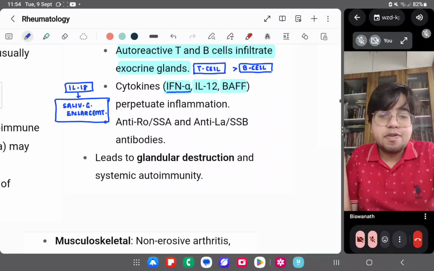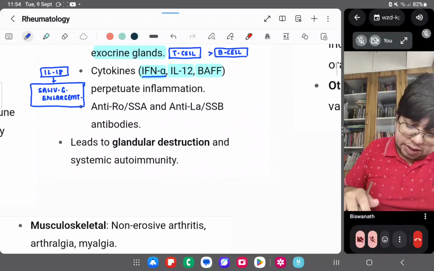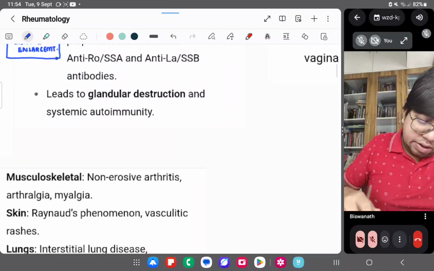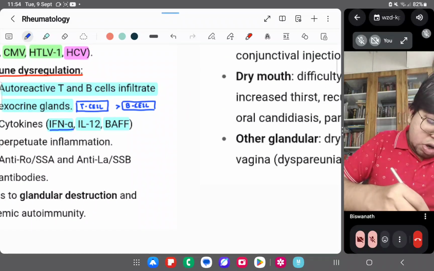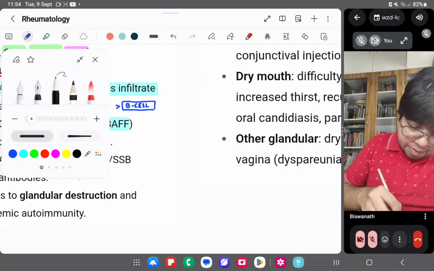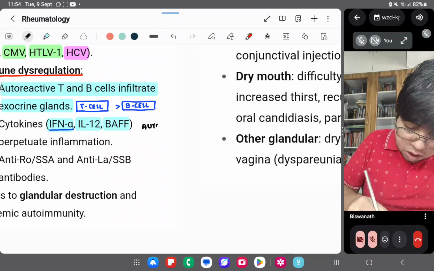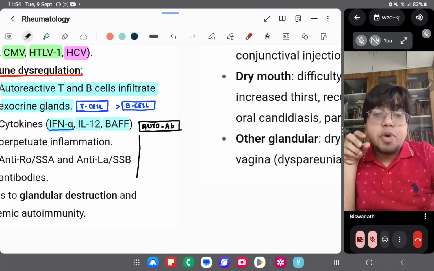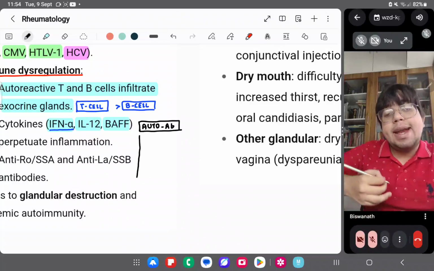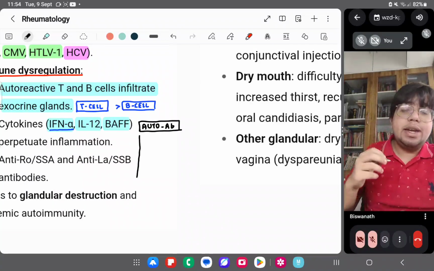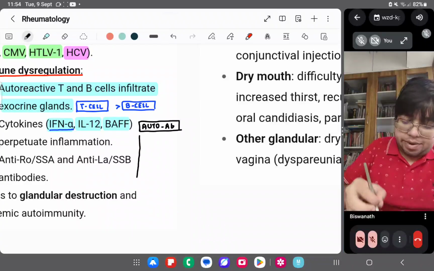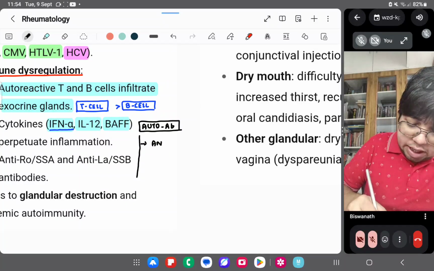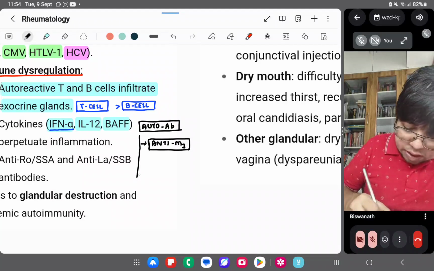Autoantibodies are formed, and here it is not written, you can write it. Some autoantibodies are formed in this condition. Anti-M3, that is anti-muscarinic antibodies, are formed.